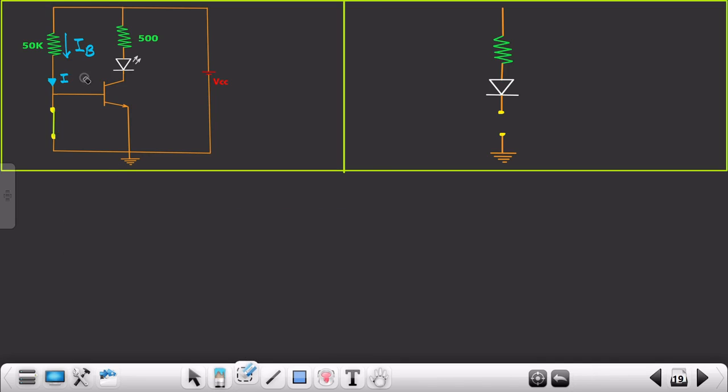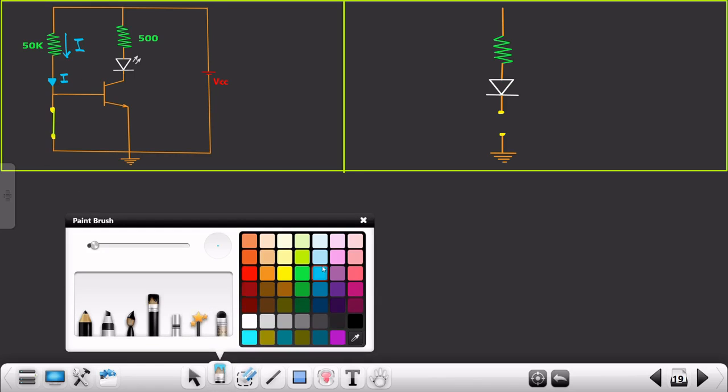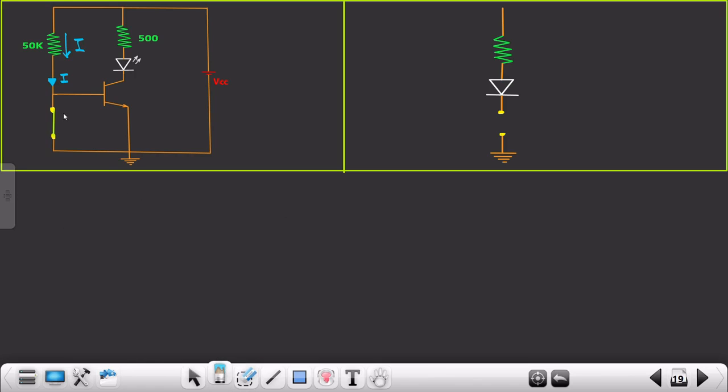I'll just assume this current as I. Forget that this is your base current. So this current I will flow in this direction. Current always flows from the path which has less resistance, so rather than flowing in this direction, it will flow in this direction, and therefore the current IB would be 0.